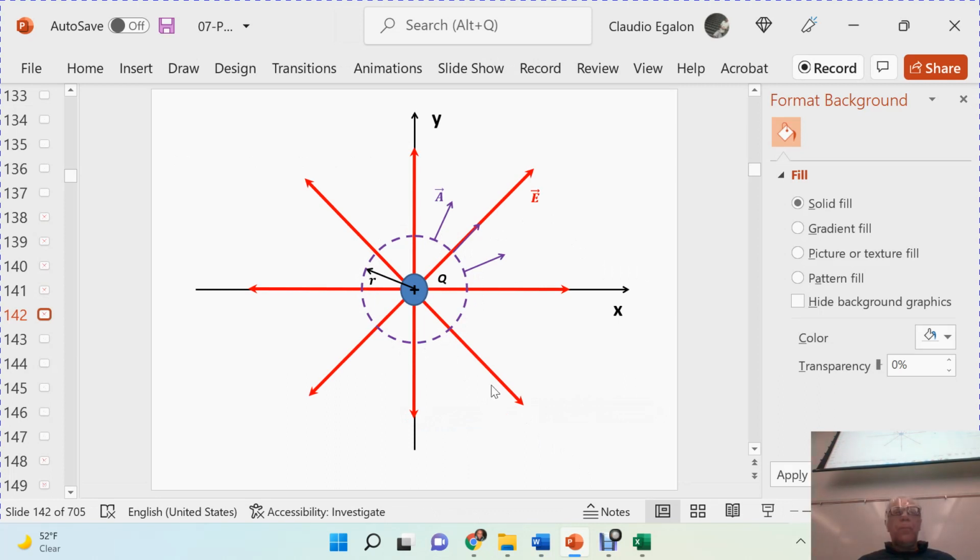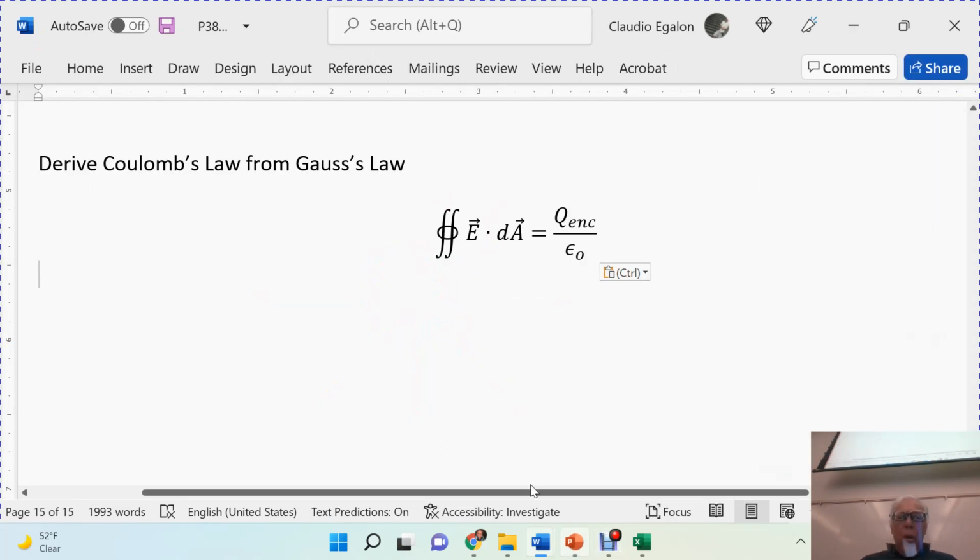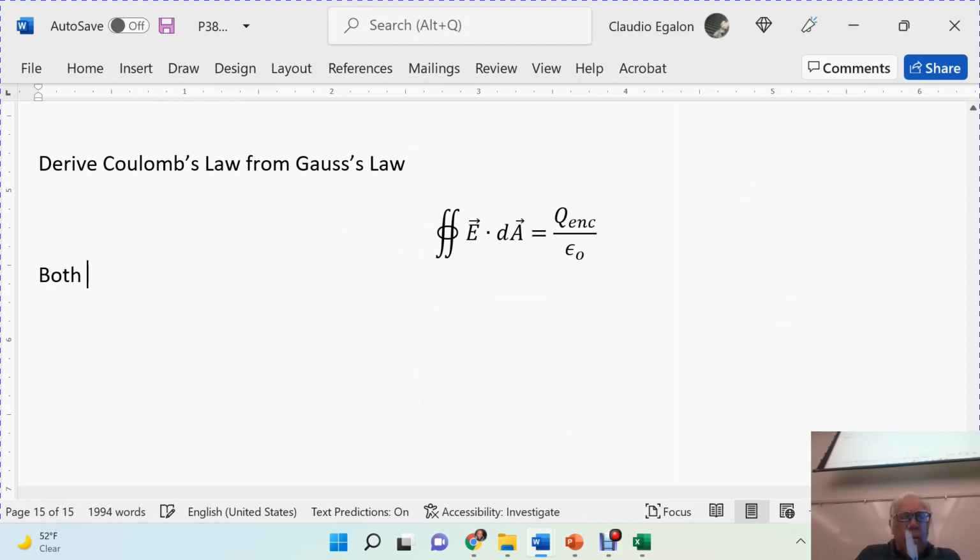Point charges have electric fields that are radial, will always be radial. Things become more complicated if you have other charges nearby. The area vector is also radial. Both the E field and area vectors are radial.